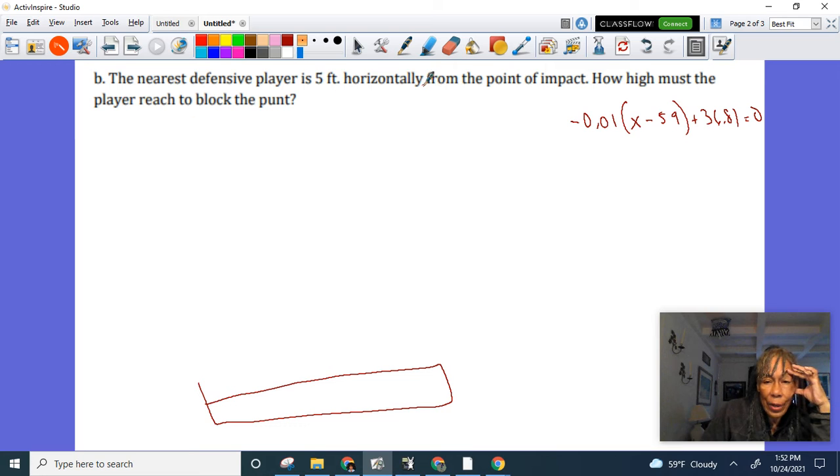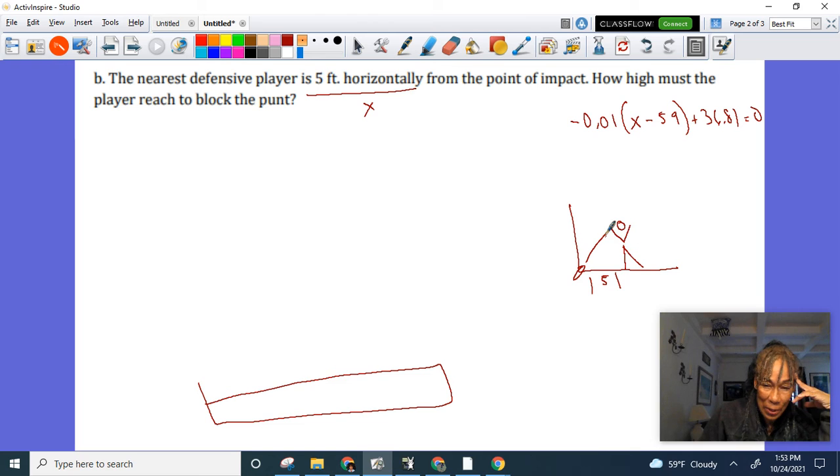Okay, so the nearest defensive player is 5 feet horizontally, so that means in the x direction, we've got kicker boy over here, and after 5 feet, linebacker guy, they don't jump, they just throw their arms up in the air, is 5 feet away.